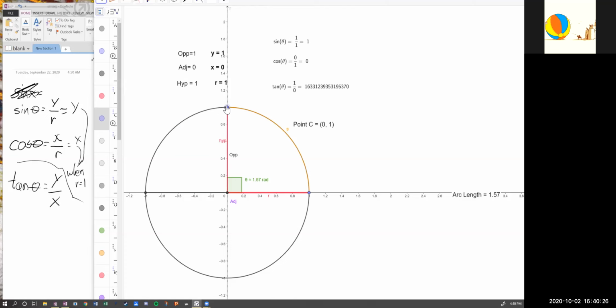The circle doesn't go above that. The lowest possible y value, that negative 1 y value, is your lowest value for sine. And then it will go back up to a y value of 0.